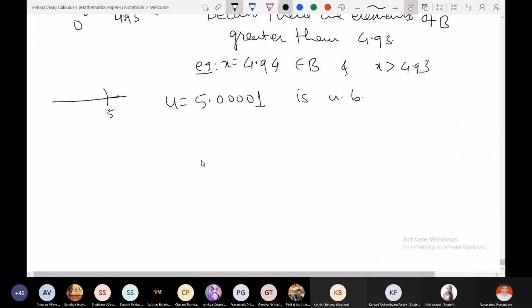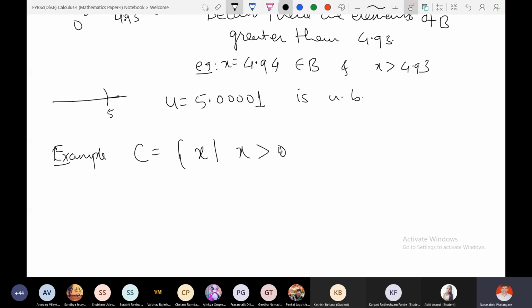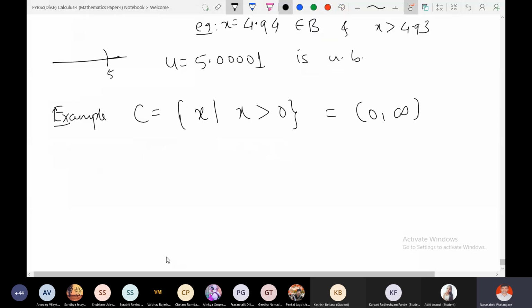So the upper bound is clear. Now look at another set, C equal to the set of x such that x is greater than 0, or simply this set is 0 to infinity. What is the upper bound for this set?